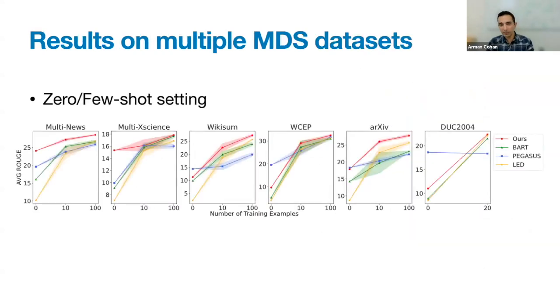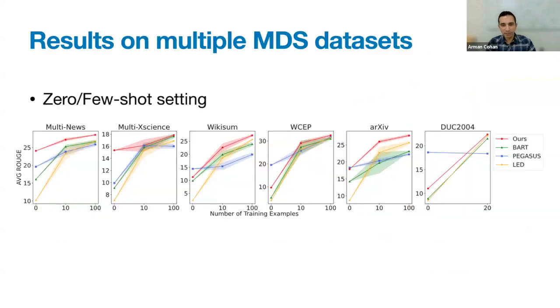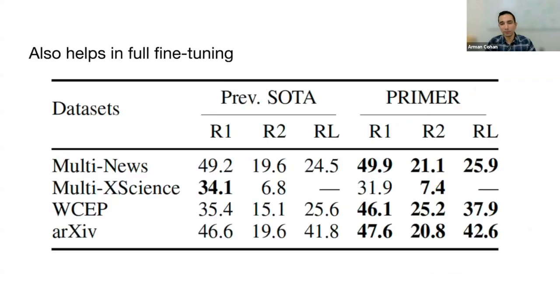So we did more experiments on 6 different datasets of multi-document summarization, and on all of them, we see the same trends, that this masking strategy with this type of task-inspired pre-training can help improve performance quite a bit. And you might ask, okay, this is few shot. What happens if you do full fine-tuning?